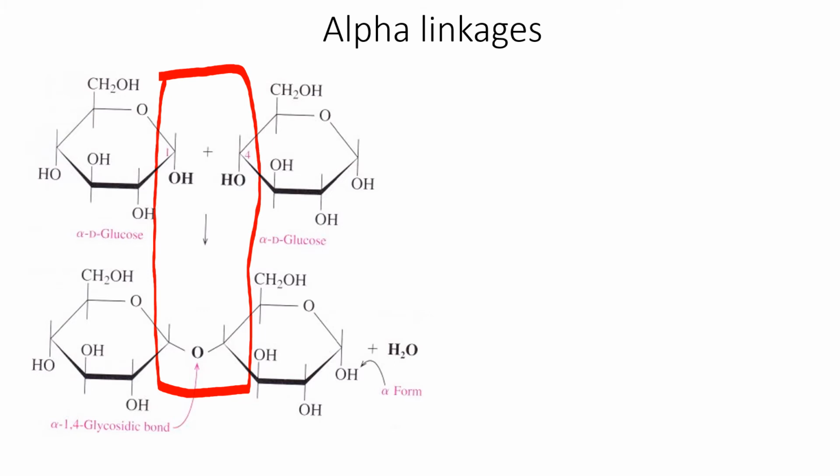So let's look at what happens when we combine two monosaccharides to form a disaccharide. First, we're looking at the OH group from one monosaccharide in the one position. So that's what you see on the left that is highlighted in yellow. The OH group is on the one position. And then on the other monosaccharide, the one that I'm highlighting right now in yellow, is from the 4 position.